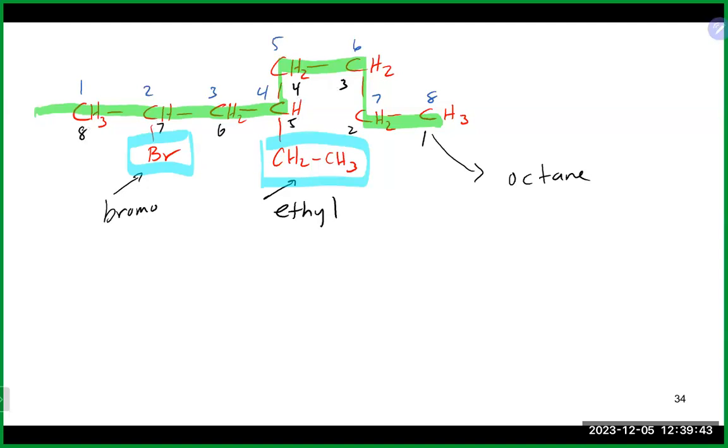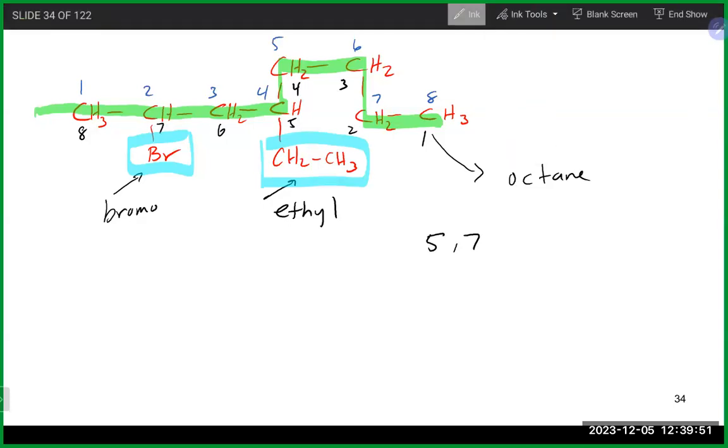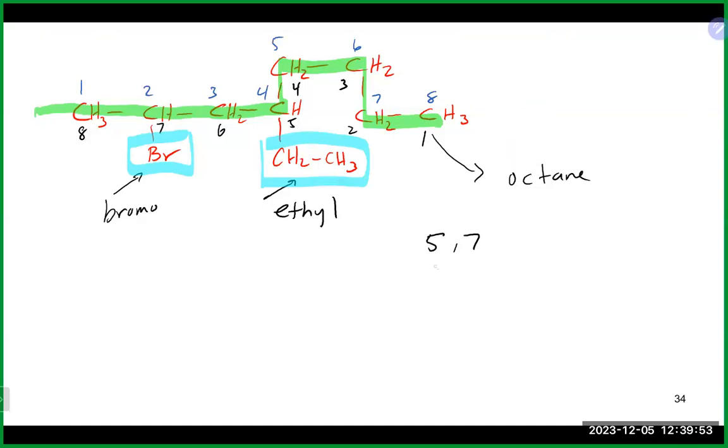If we went that way, we would have groups at 5 and 7. If we went in the blue direction, which was our original numbering, we would have groups at carbon 2 and carbon 4. It is as simple as 2 is less than 5. So that would be the way we want to go. We would number this in this direction, as we always want to number to give the groups the smallest numbering.